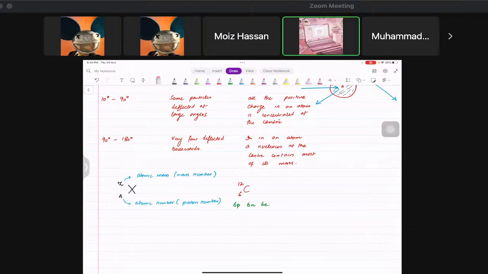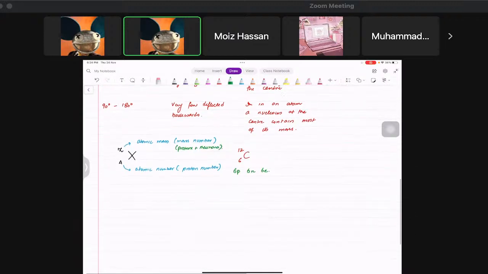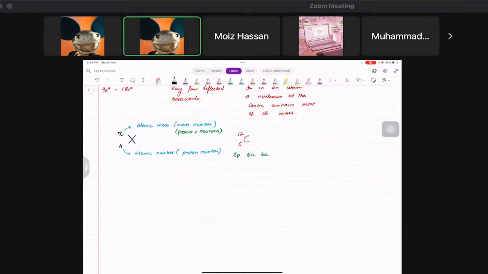Yes, sir. The mass number is protons plus neutrons. Now, carbon can have its isotopes as well.